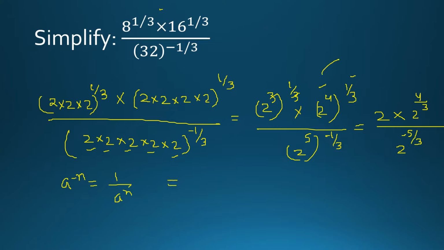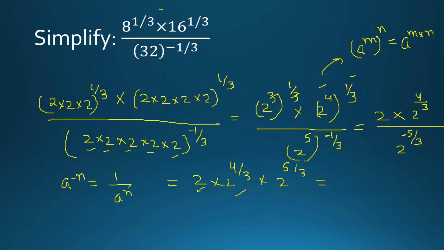And here also you have to apply that law, that powers get multiplied if power raised to power is there. So I'm bringing this 2 raised to power minus 5 by 3 into the numerator and making it positive. Fair enough?